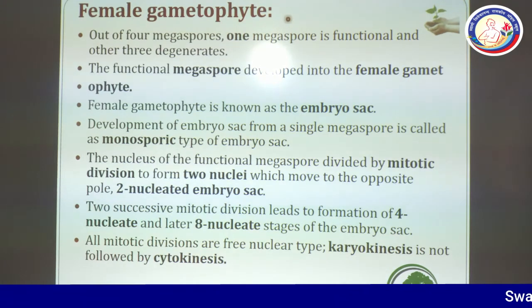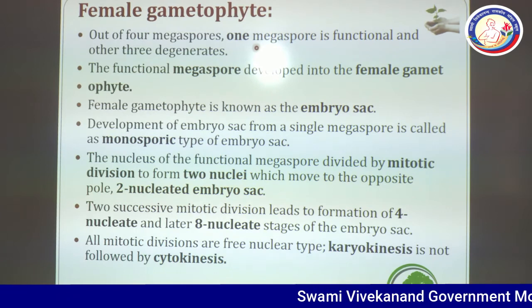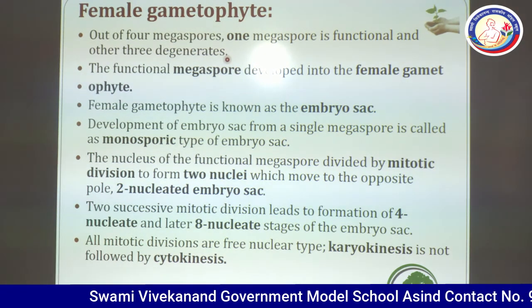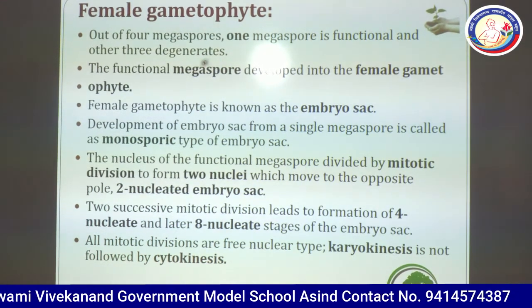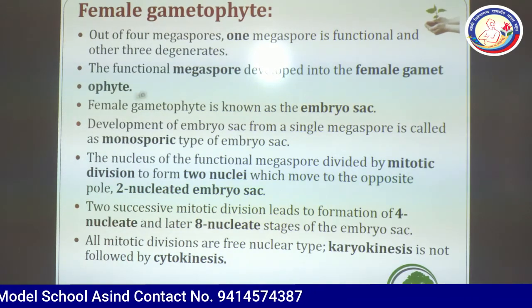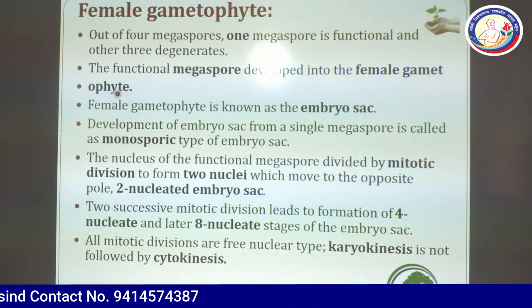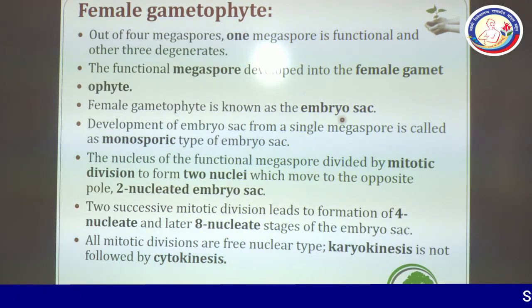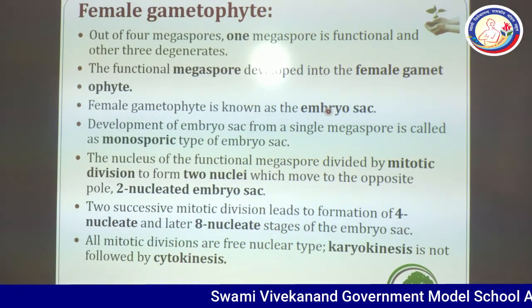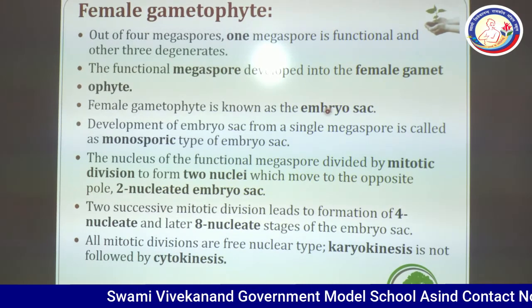Development of female gametophyte. Out of 4 megaspores, 1 megaspore is functional and the other 3 megaspores degenerate. The functional megaspore develops into the female gametophyte, also known as embryo sac, and the structure of embryo sac is already explained in the previous topic.